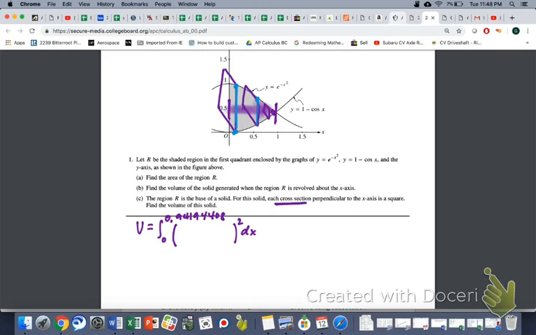Here's another one, this blue line segment from there to there, maybe from there to there. So you can see, of course, side length is changing depending on where you are in the region, and that side length would be based on the higher function minus the lower function. So for my side length, this would be e to the negative x squared minus parentheses 1 minus cosine x. Again, the parentheses have to be there.